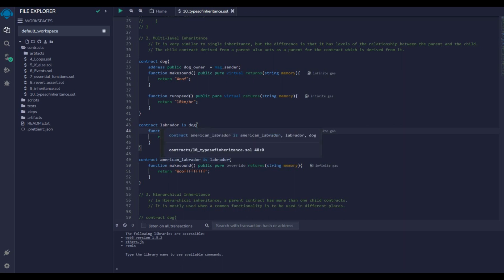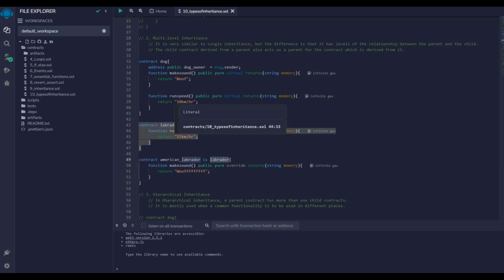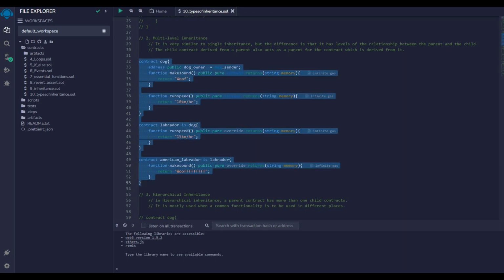In the same manner, when Labrador becomes the parent of American Labrador, you just write contract American Labrador is Labrador. So Labrador now becomes the parent, and its properties are inherited by American Labrador. And you can override the functions here, whatever properties or attributes you want to change. So this is how multi-level inheritance works in Solidity.